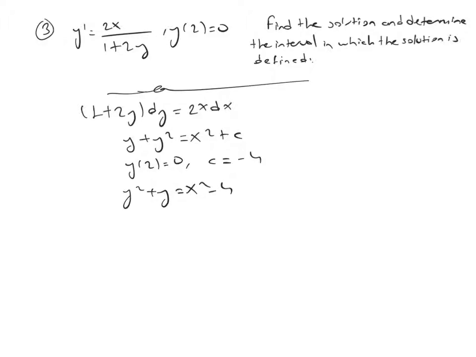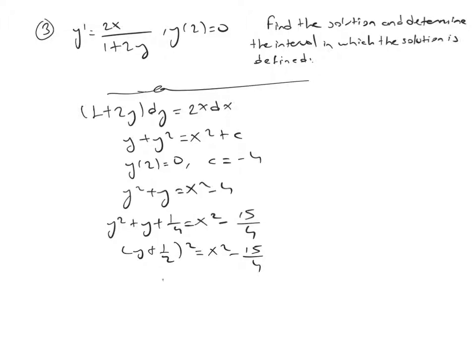So, by using this c value, we can write this equation: y squared plus y is equal to x squared minus 4. In order to write the left hand side as a square function of y, we add 1 over 4 to both sides. So we can write the left hand side of the equation as y plus 1 half squared is equal to x squared minus 15 over 4.